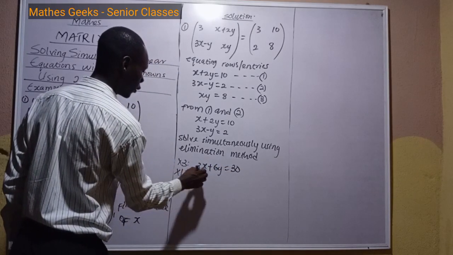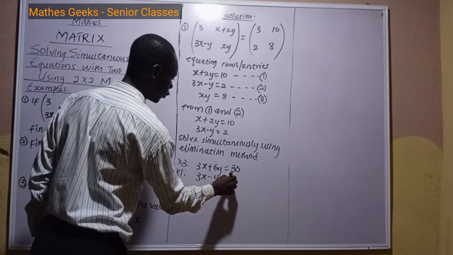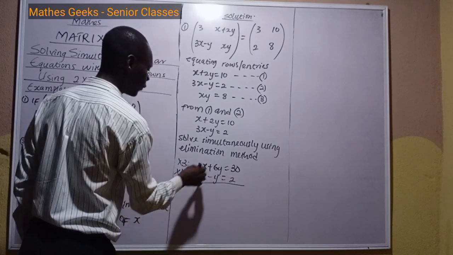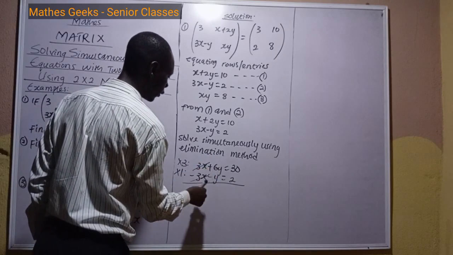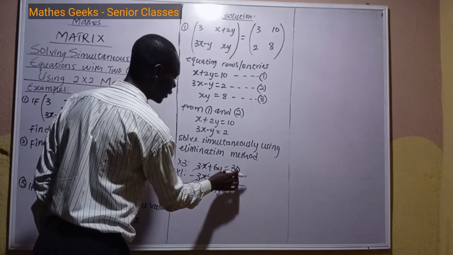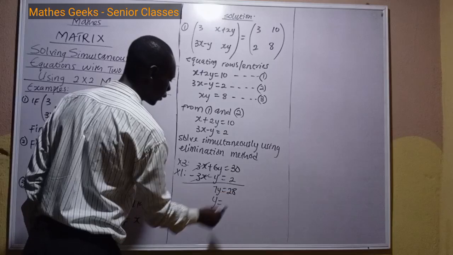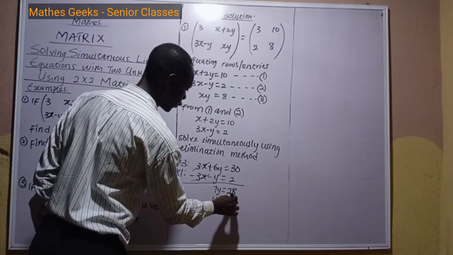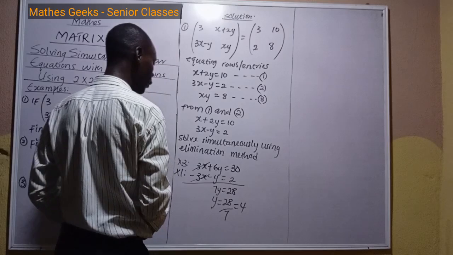Then multiply the other by 1, get 3x minus y equals 2. So subtracting, this will eliminate this. Minus times minus will give us plus. 6y plus y will give us 7y. 30 minus 2 is 28. So divide both sides by 7 gives us 28 over 7, which is equal to 4.